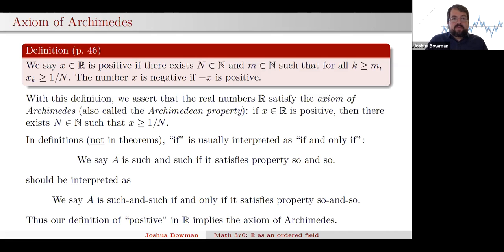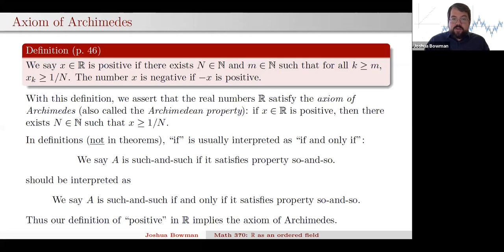We say that x is positive if there exists some capital N such that for any representative of x, and that's what I left out, for any representative of x, there is an m, a point in that sequence, so that for all subsequent terms, for all k greater than or equal to m, x of k is greater than or equal to 1 over n, not with the absolute values, but just x of k. Okay, so eventually all the terms are bigger than some fixed positive rational number. And then we say that x is negative if its opposite is positive.